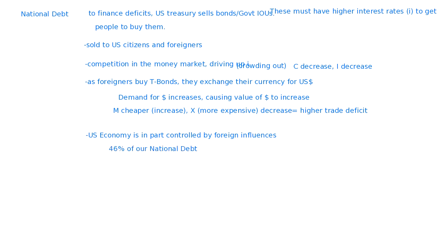So almost half, right at half, is controlled by foreign influences, mostly China and Japan. We used to be the largest creditor, and now we are the largest debtor in the world. So we used to be the largest creditor, now we are the largest debtor.